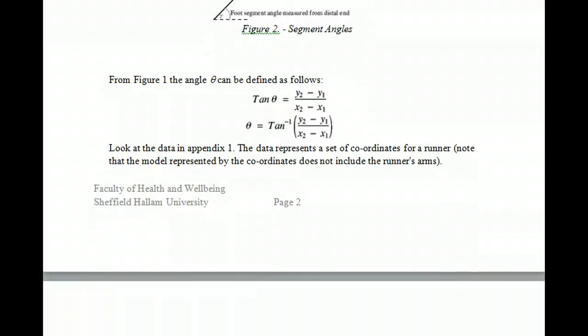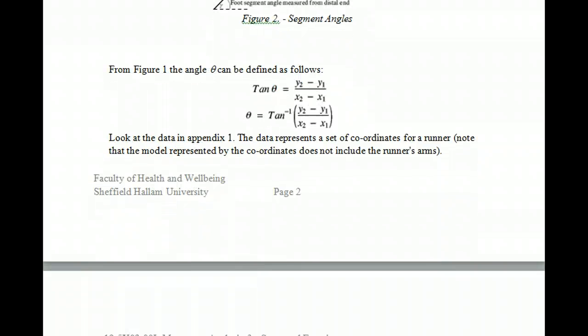Okay, so now let's bring the two ideas that we've discussed so far together. We noted in the first figure that we could describe the lengths of the right angle triangle using the difference in the coordinates.